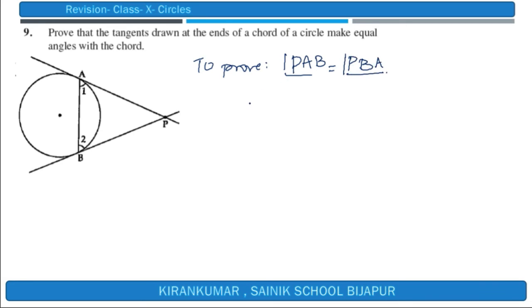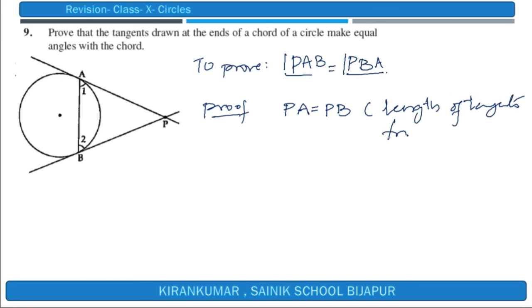We know that the tangents drawn from external point to the circle are equal. So we have the result PA equal to PB, because the length of tangents from external point are equal.